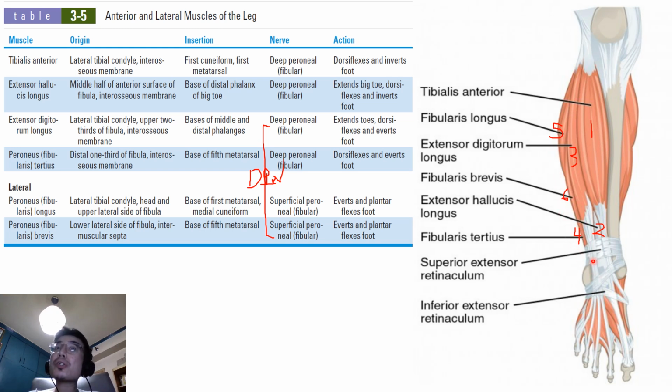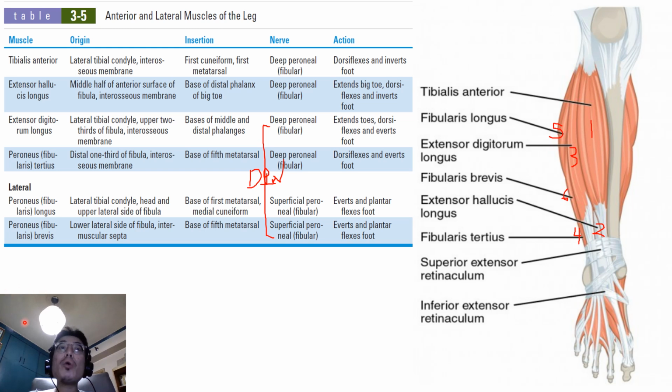It inserts into the base of the first metatarsal and the medial cuneiform, and this time it is innervated by the superficial fibular, also known as peroneal nerve. The function is to evert and plantar flex the foot.